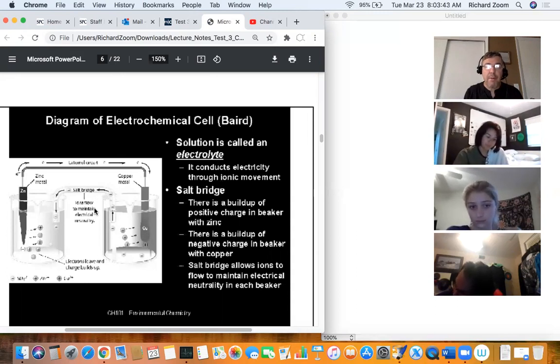When I talk about batteries, I'm just talking about regular batteries that you put in things to make them run. So when we're looking at an electrochemical cell, it consists of these electrodes. In this case, we've got zinc and we've got copper, and these are in solutions of these specific things.